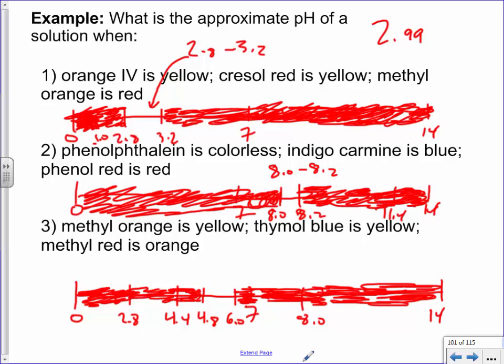Hopefully when you're done, don't look until you are, but hopefully you have something like my chart when you're finished here. Either that or I screwed up.